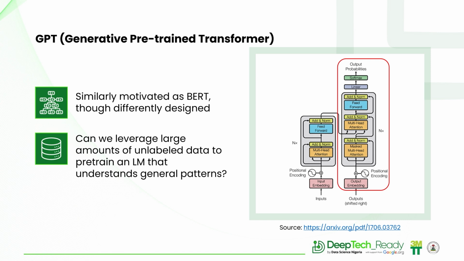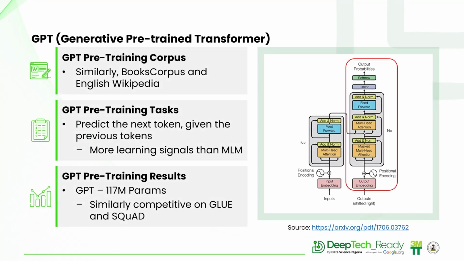For GPT's pre-training, the model was trained on large datasets like BookCorpus and English Wikipedia, which provided a diverse range of text. The pre-training task is simple but powerful. The model predicts the next token given the previous tokens.